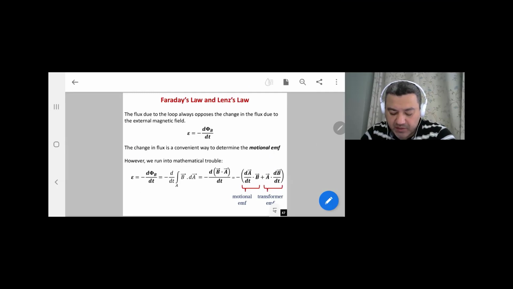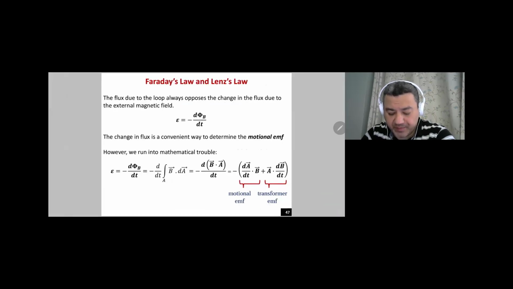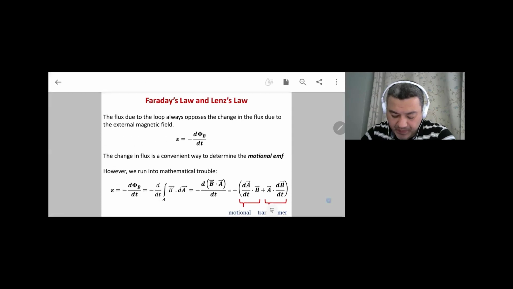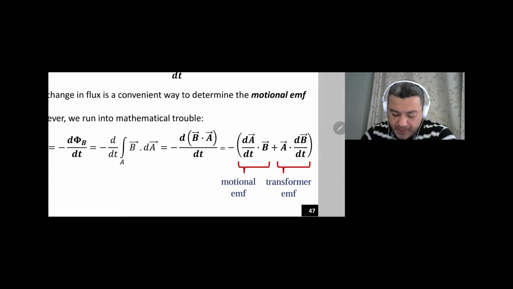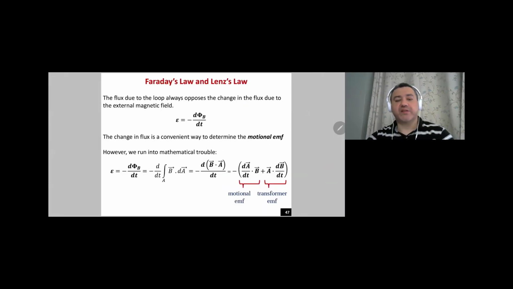The next laws would be Faraday's law and Lenz's law. Those two laws are incorporated together, as we will see. So what does Faraday's law state? Faraday's law says that a time varying flux that is crossing a loop will result in an induced electromotive force.